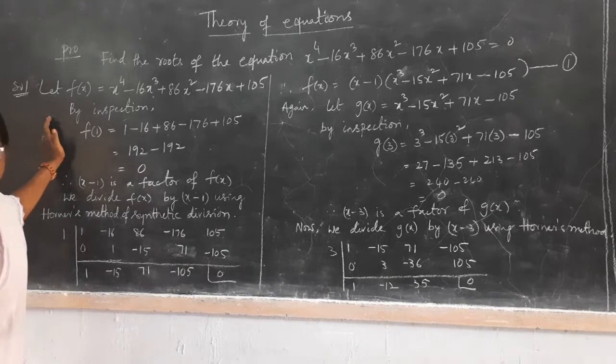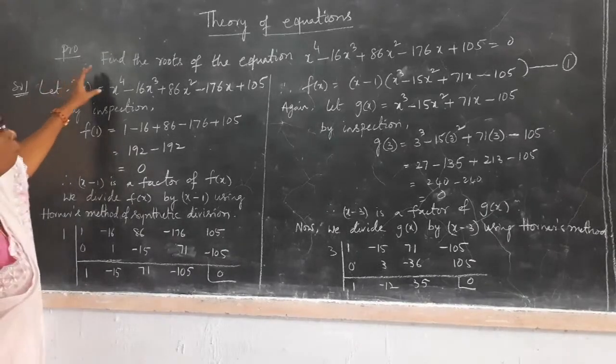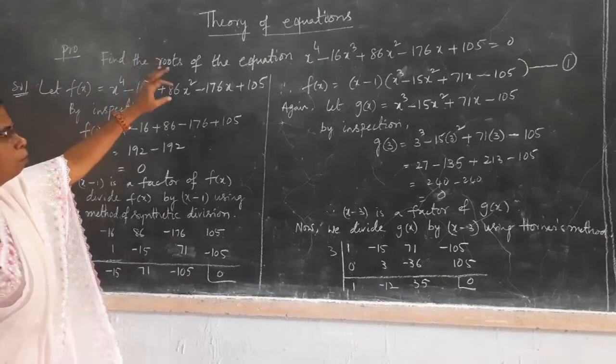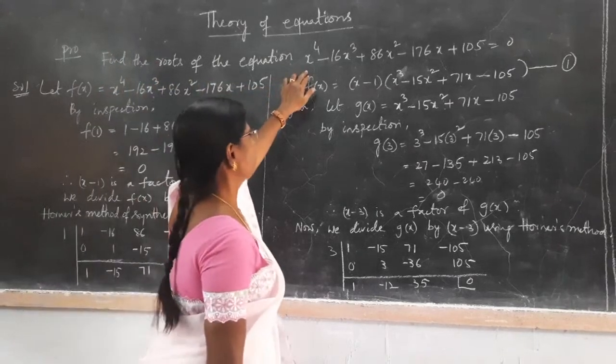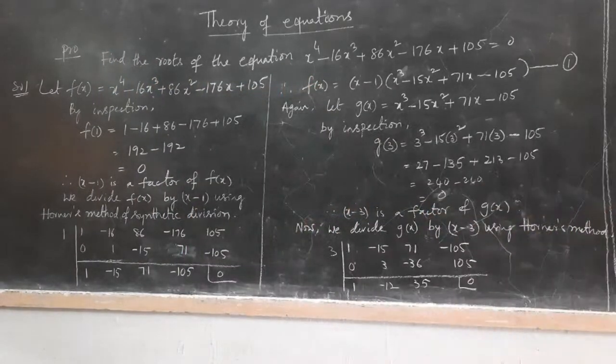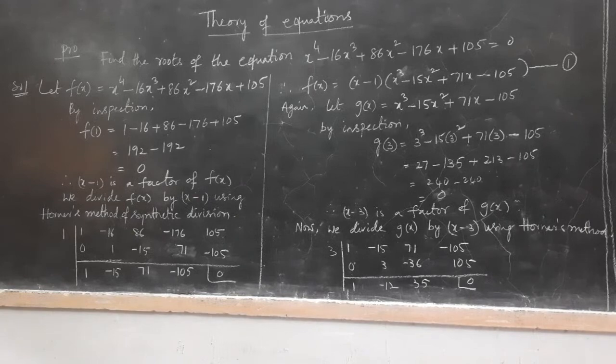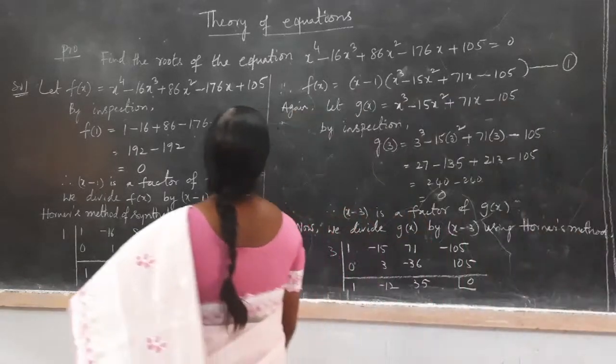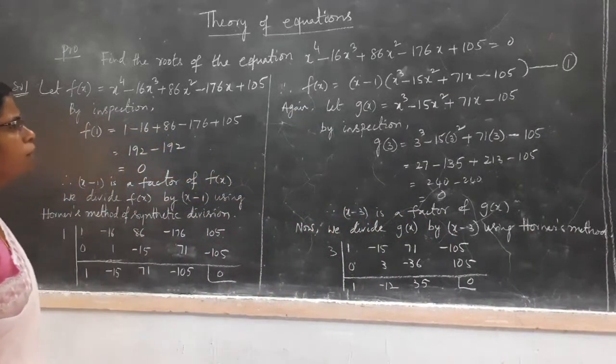Observe this problem: find the roots of the equation x power 4 minus 16x cube plus 86x squared minus 176x plus 105 is equal to 0. So this is a biquadratic equation.